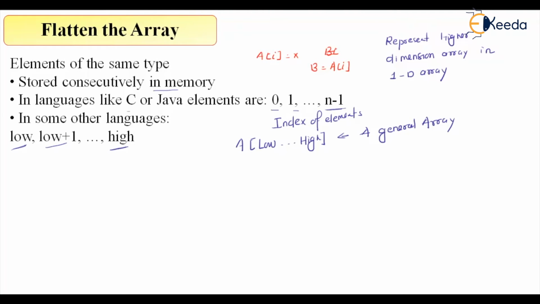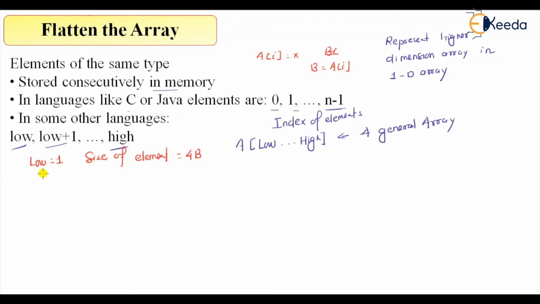Now in this section we will see how we can represent a higher dimension array in a one dimension array. I'll take some base values here: suppose my low is equal to 1, and another parameter I need is the size of element, which I'm taking as 4 bytes.